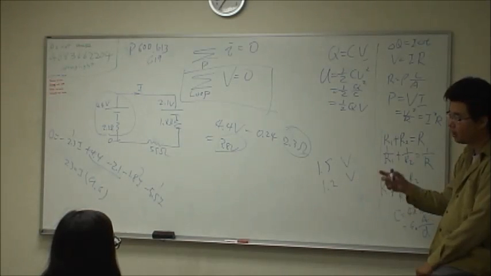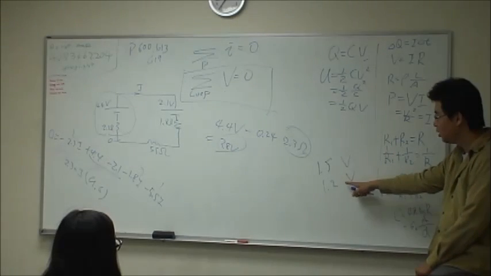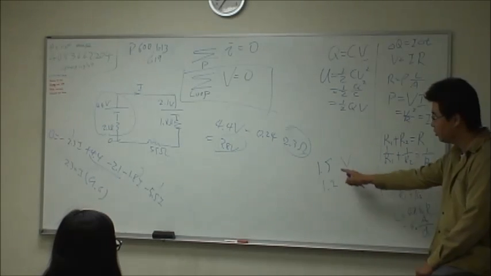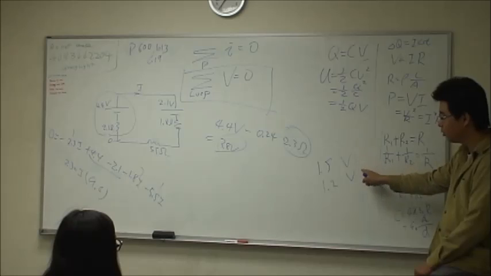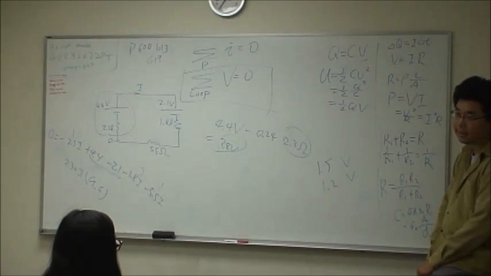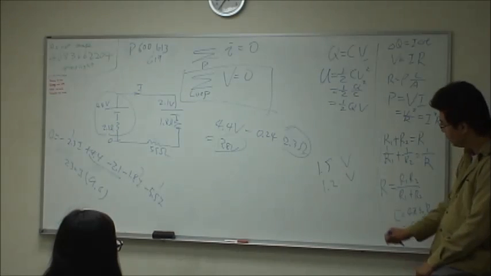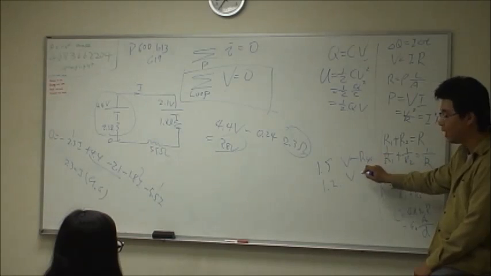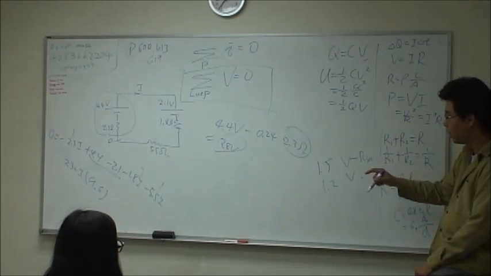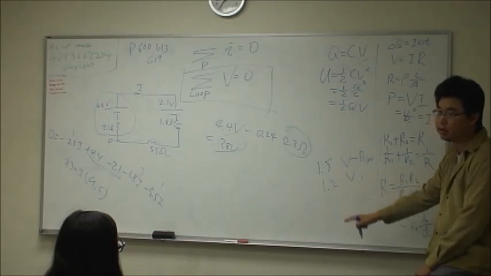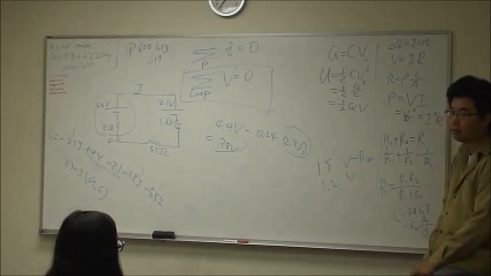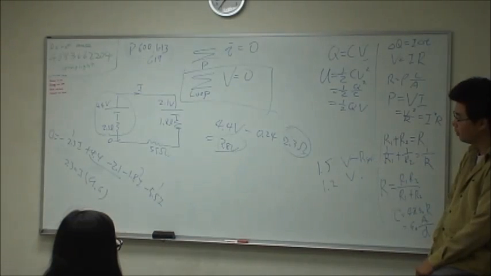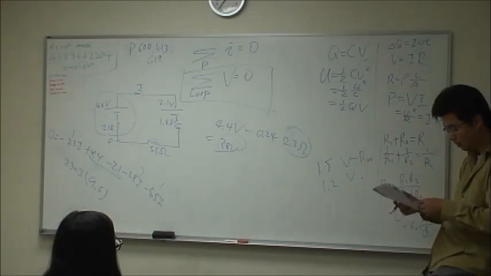In the same camera or same device, you can use either this battery or that battery, although they have different voltages. But why is that? It's because the internal series resistance of this one is much larger than this one. So when you draw the current, the outside circuit will not see 1.5, it will only see about 1.2 volts. Okay? So that's what's happening with this kind of thing.